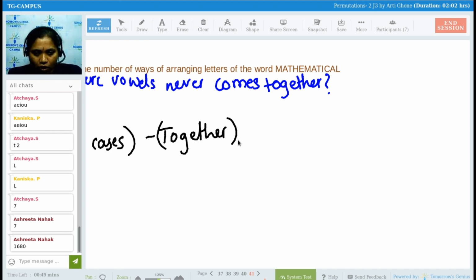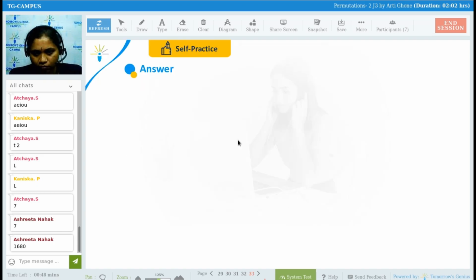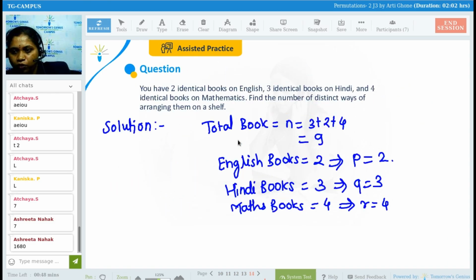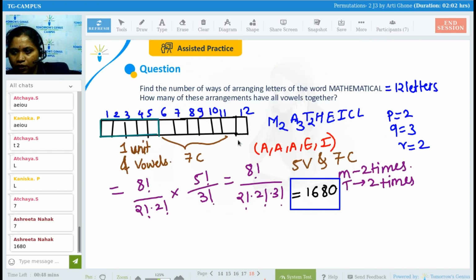What will be the cases now? All cases minus together cases. Write down all cases minus together cases. So in our particular question of the word mathematical, what are all the cases? 12 factorial upon 2 factorial into 3 factorial into 2 factorial.